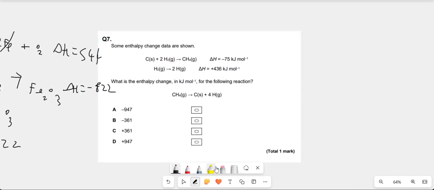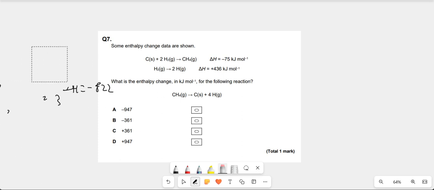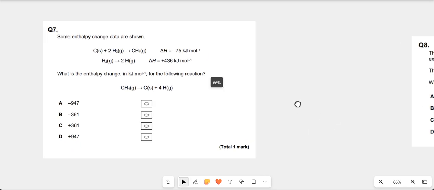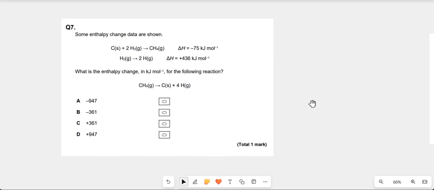Similar thing going on here. So basically what I'm going to do is find this as whatever. Same situation. I'm going to keep the first equation.